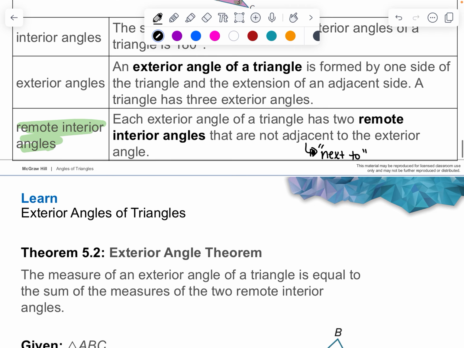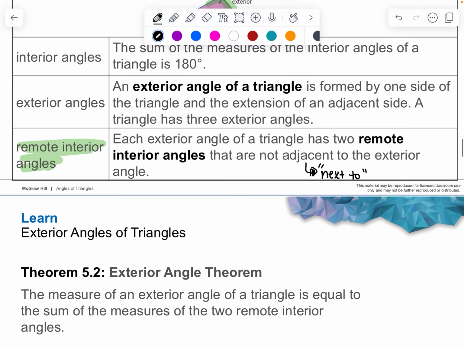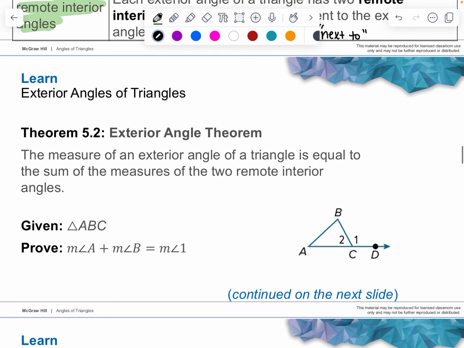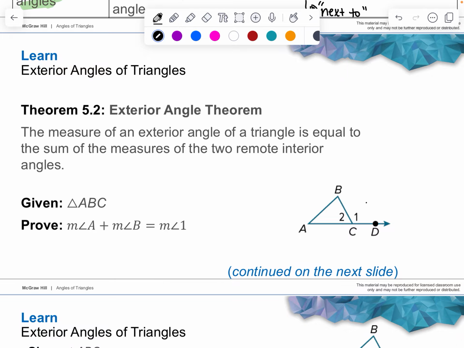Now, why those remote interior angles are important is because of this next theorem. The exterior angle theorem says an exterior angle is equal to the sum of the measures of the two remote interior angles. Super cool, okay?